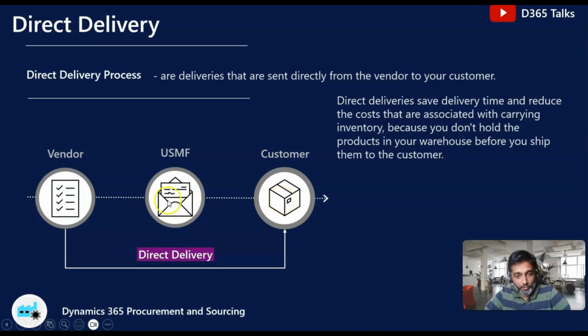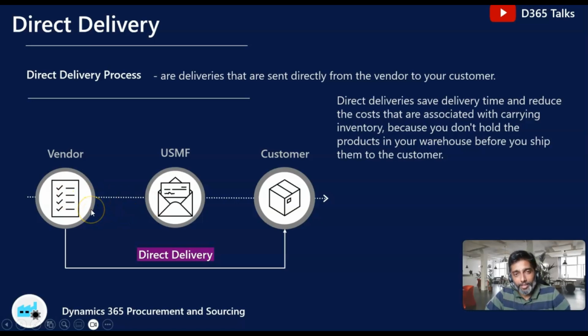But in the case of direct deliveries, the buying legal entity, which can be USMF, and I have just mentioned USMF because it is the demo data legal entity, gets into an arrangement with the vendor.